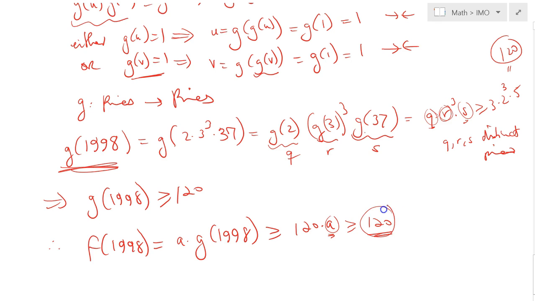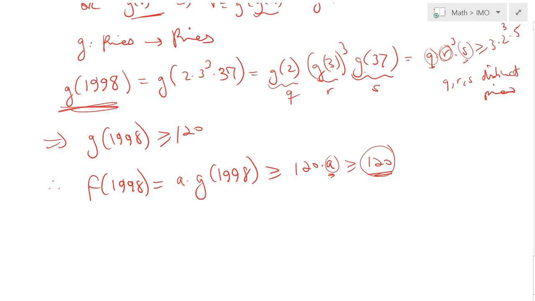But is 120 attainable? Can this ever happen? Let's try to see if that might work. In fact, the problem reduces to defining this function properly for at least these values, g of 2, g of 3, and g of 37, so I should be very careful on that.